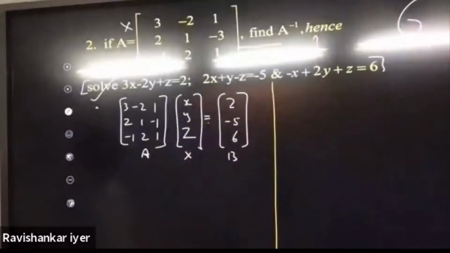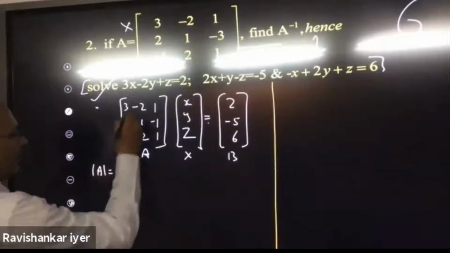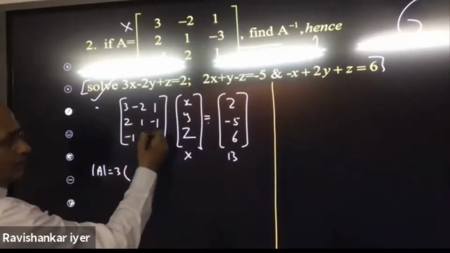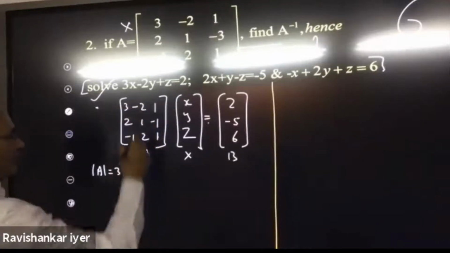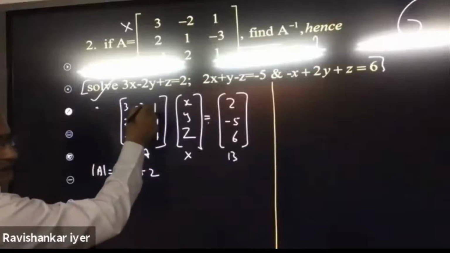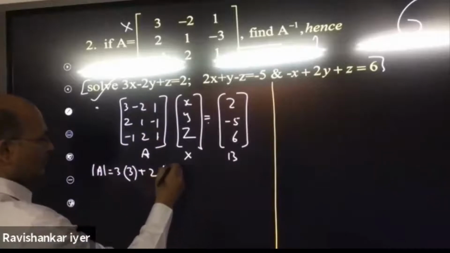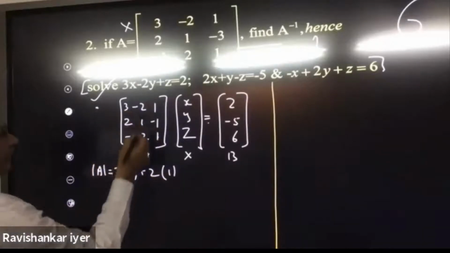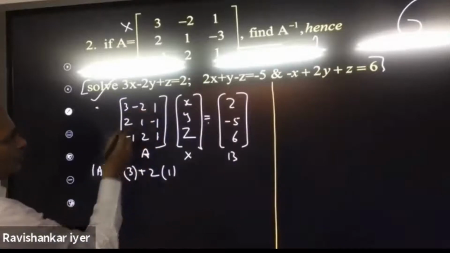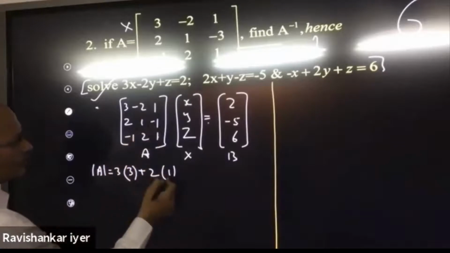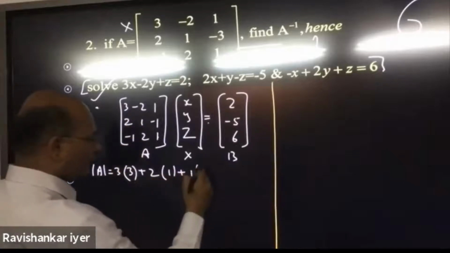So let us find determinant A. I am using the first row and expanding it. 3 into (1 plus 2), that is 3, minus of minus 2, then 2 ones are 2, minus 1 is 1, plus 1 into (4 plus 1), that is 5.